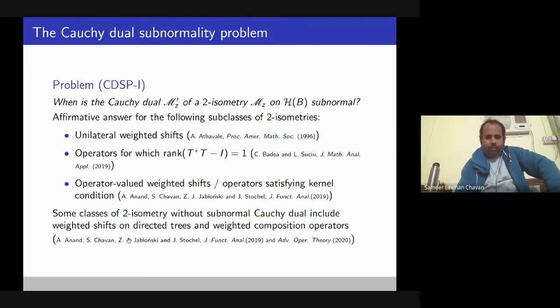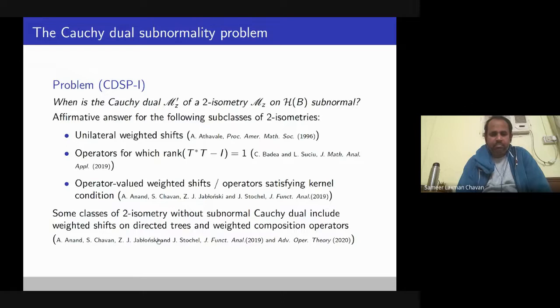But all these are positive results. In the same paper, and then in one more paper in Advances in Operator Theory, we found counterexamples to this problem. Counterexamples in the sense that, in general, the Cauchy dual of a 2-isometry need not be subnormal.